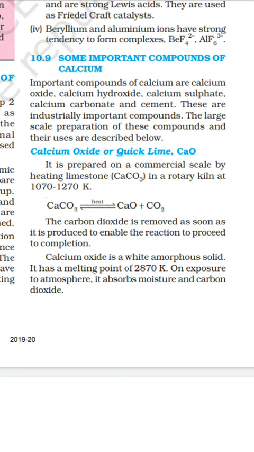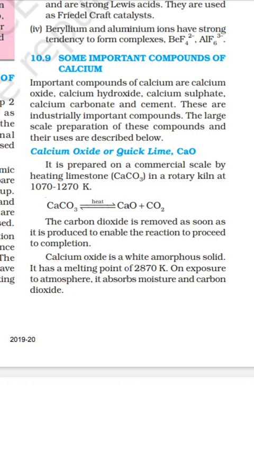It has a melting point of 2870 Kelvin. On exposure to atmosphere, it absorbs moisture and carbon dioxide. CaO plus H2O to form Ca(OH)2, CaO plus CO2 to form CaCO3. The addition of a limited amount of water breaks lumps of lime.